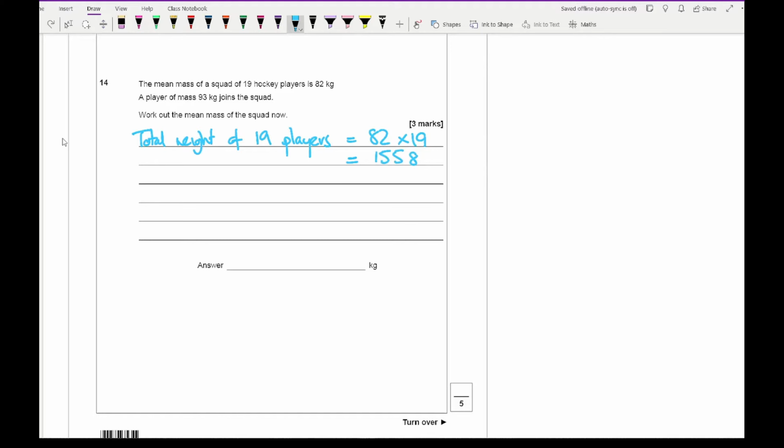Then if I add the new player, which is 93, it comes up to a total weight of 1651 kilograms. Now I want to work out the mean. So the new mean is going to be 1651 divided by, well, there were 19 players to start with, one's joined, so it's now 20, and that gives me a new mean of 82.5.